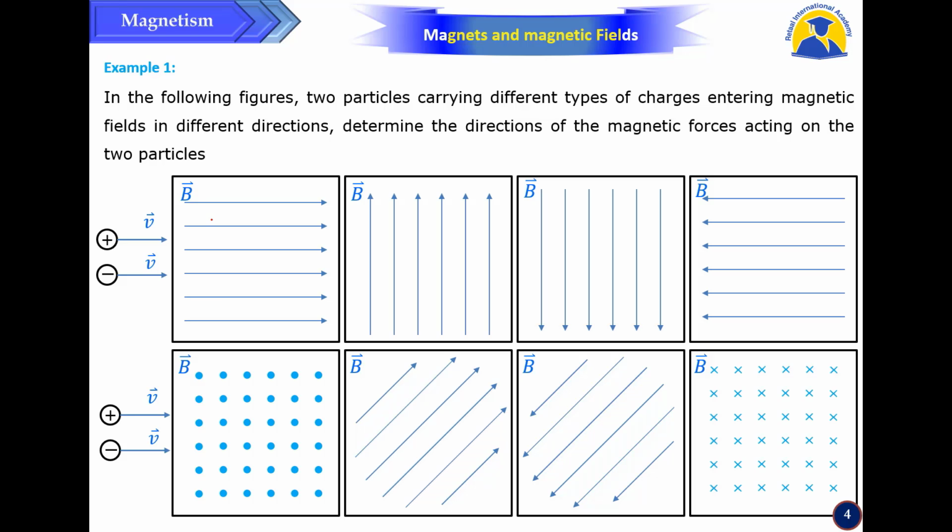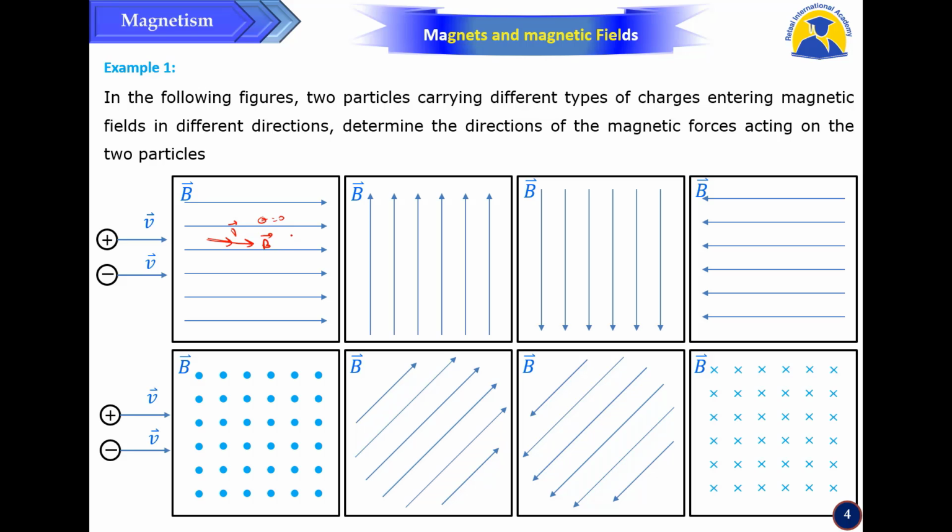So we put our fingers to the right side and the direction of the velocity also to the right. So here we don't have an angle between the velocity and the magnetic field. The magnetic field's direction is to the right, also the velocity to the right, so theta equals 0.